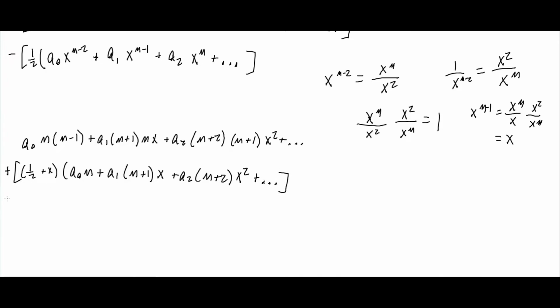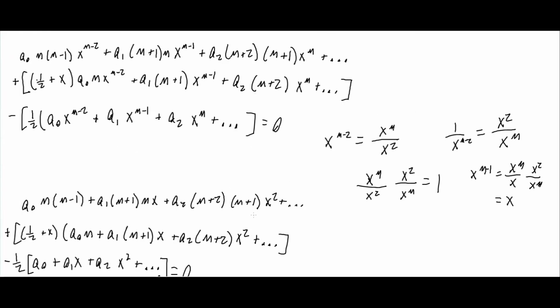And then we had the minus 1 half, and then we can do it like this: a naught plus a1 x plus a2 x squared, and so on, going to infinity. And remember, I should put that this is all equal to 0, so we're still equating this to 0.